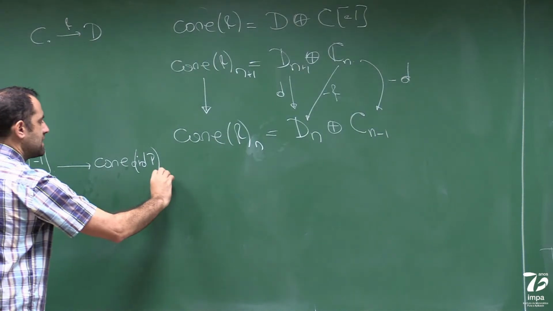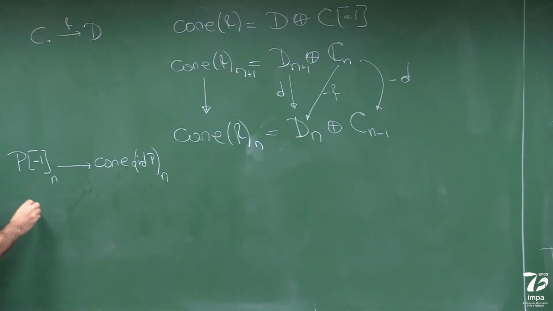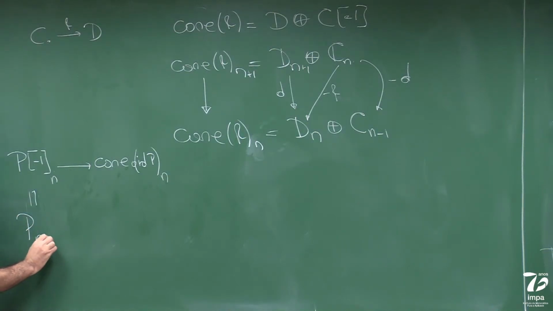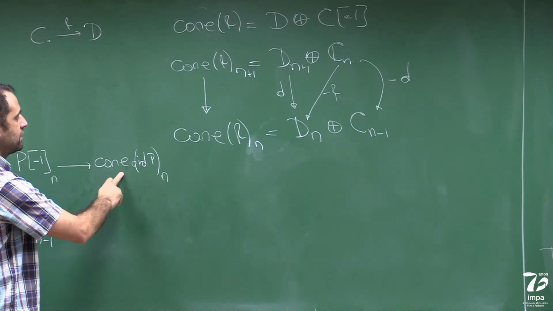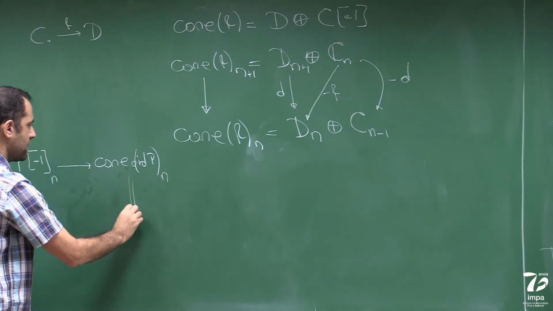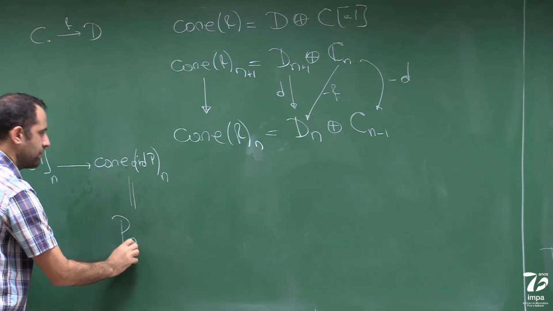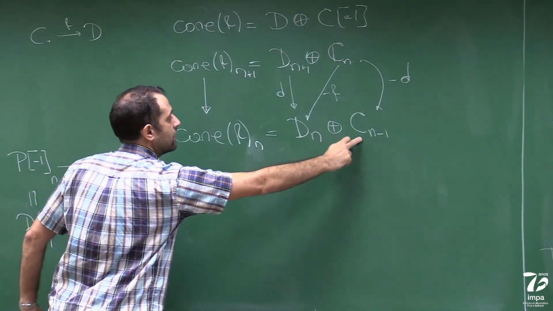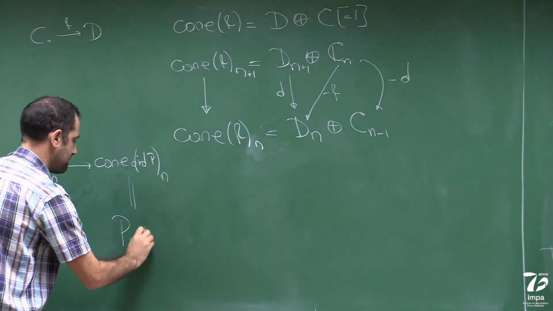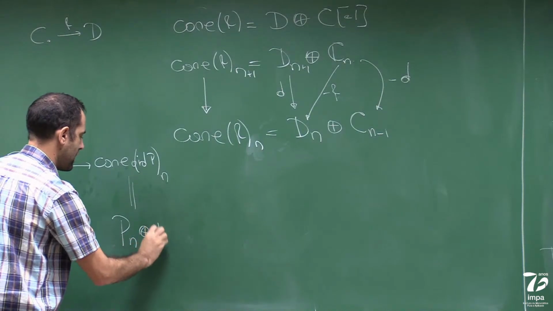This in degree n is P n minus 1. And this in degree n, well, I see it here, is D, which is P n, and then plus P, C, which is also P in degree n minus 1.